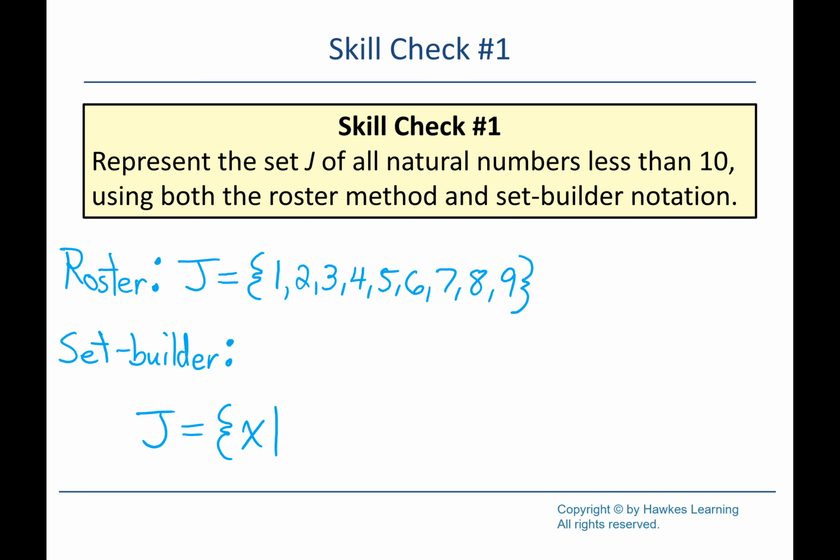So we could say x is a natural number, less than 10. You could do it in one sentence like that: x is a natural number less than 10. That would be okay.